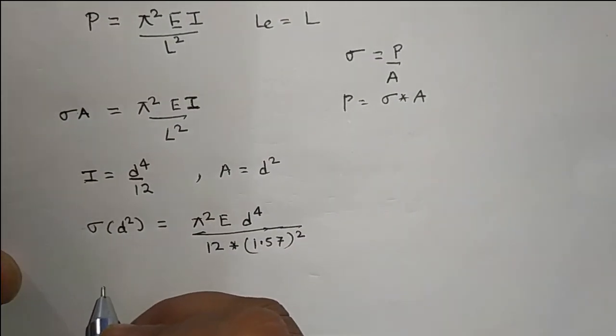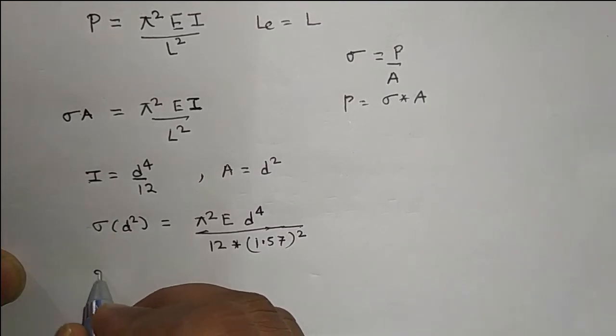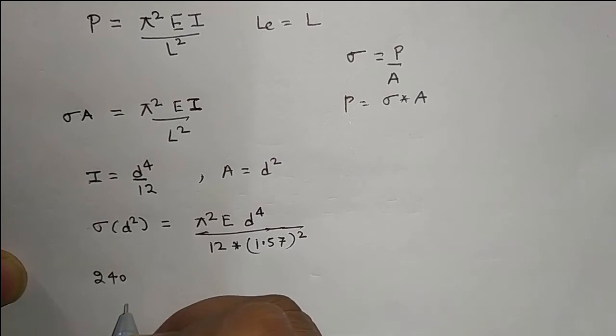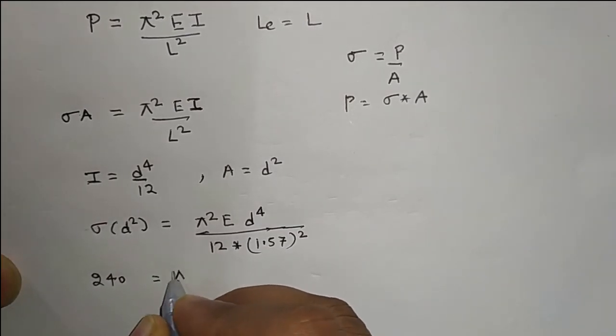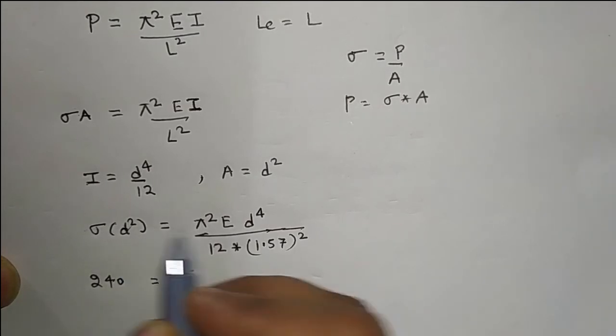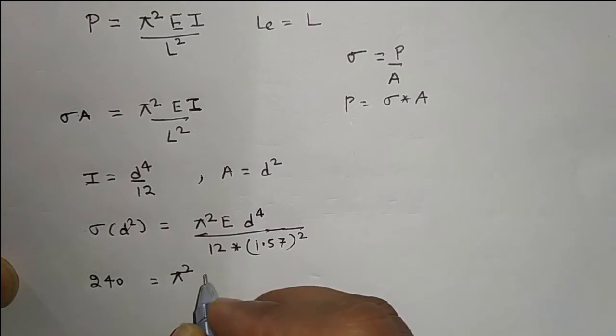Let's put the values in millimeters. So sigma is 240 megapascal, which is Newton per millimeter square, equal to pi square. From here we will cancel the extra d square.